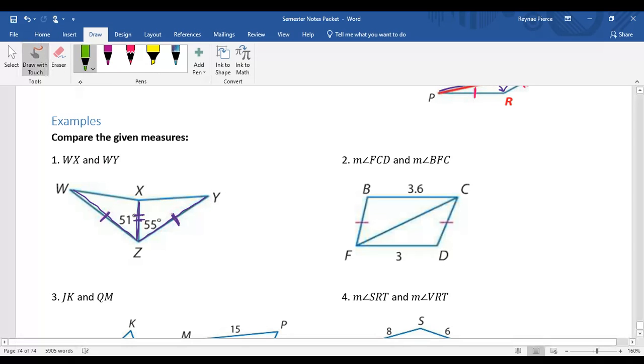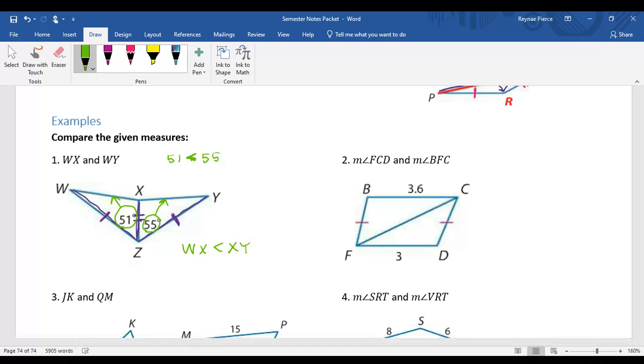When we look at how wide this door is open and how wide this door is open, since 51 is smaller than 55, WX is going to be smaller than XY. That should be an X.